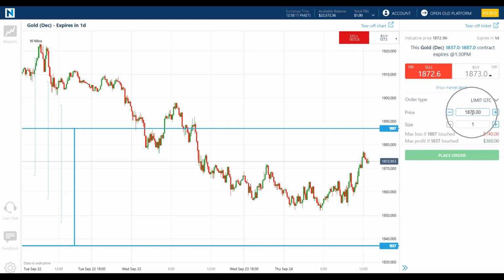Since I sold it at 1873, if it settles above 1873 and never touches 1887, I will have some partial loss if it settles in this range. And if it touches 1887, remember, I'll get knocked out, I'll lose $140, and it doesn't matter. If it goes all the way back up to 1920, I can't lose any more than 140. This is where I would be stopped out for maximum loss.